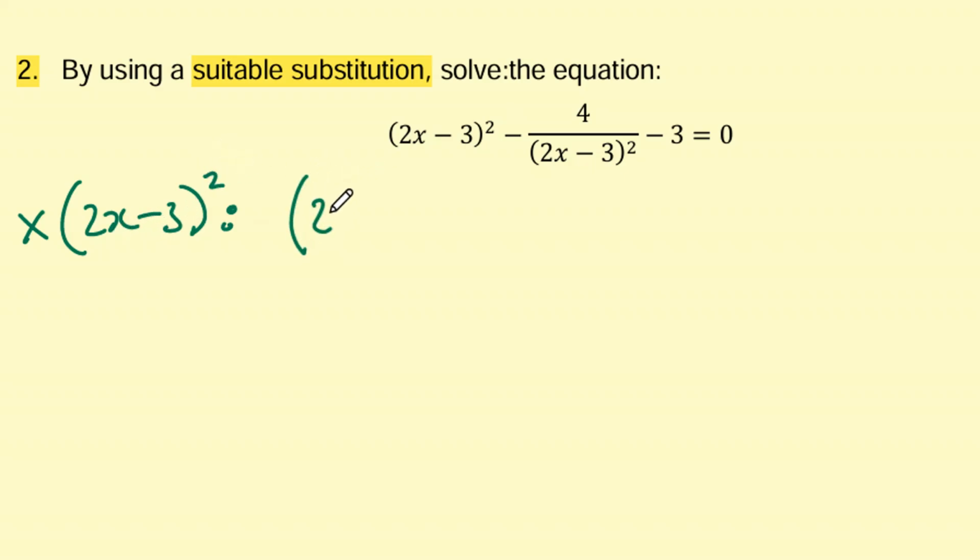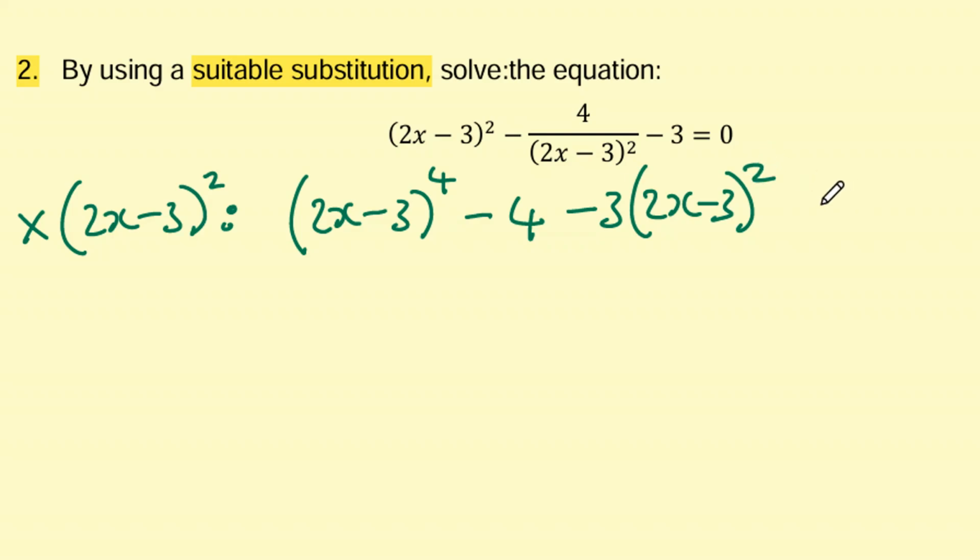In other words, 2x minus 3 to the power of 4. Then in the second term, the 2x minus 3 squared will cancel when we multiply it by this. So we're left only with 4. And then we multiply the 3 also by 2x minus 3. So minus 3 times 2x minus 3 squared, and this equals 0.